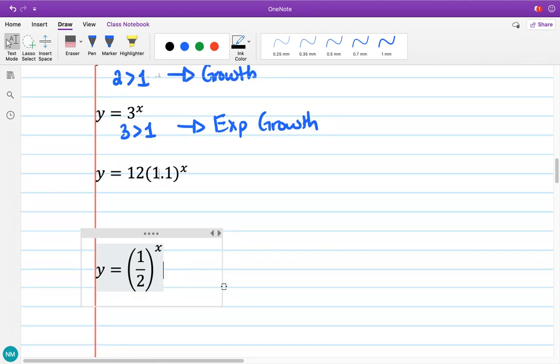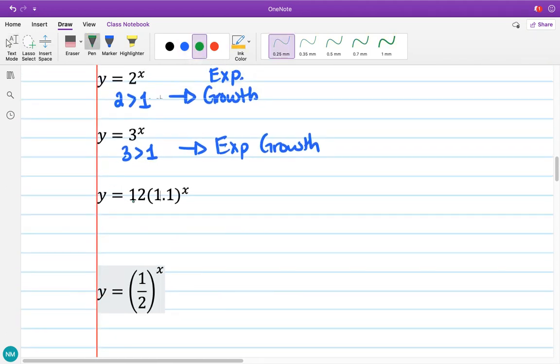Now, this here is my coefficient. That doesn't change whether or not it is exponential growth or decay. This is just my y-intercept, or my starting point. This right here is my base, b. So b equals 1.1, which is still greater than 1. 1.1 is greater than 1, so it's exponential growth.